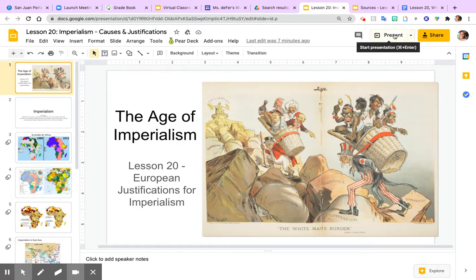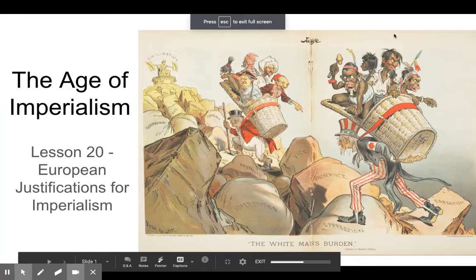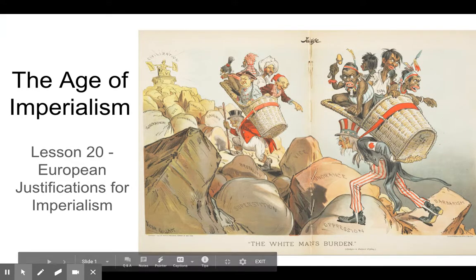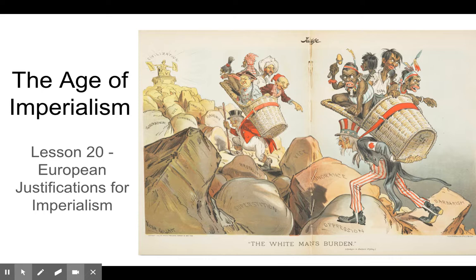So, lesson 20, the age of imperialism. Last week, we were looking at lesson 19, which was on the age of industrialization, which started in Great Britain, then spread to the rest of Europe, the United States, Russia, and Japan, all in the 1800s.